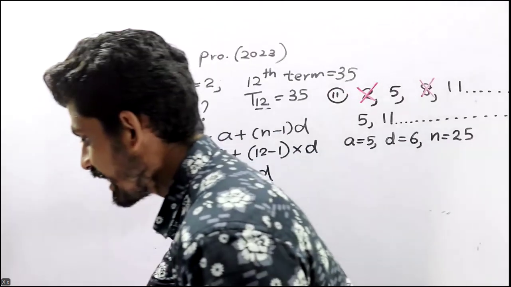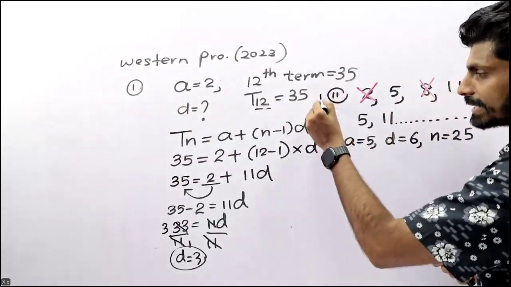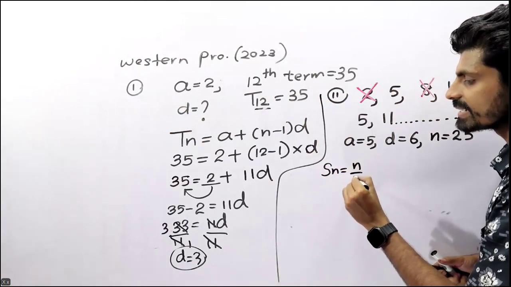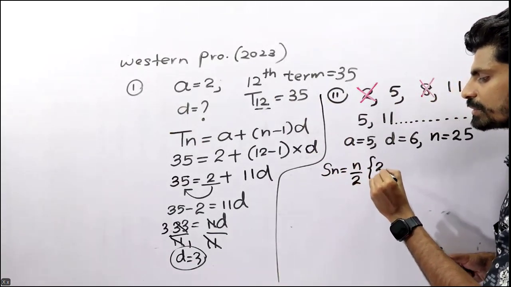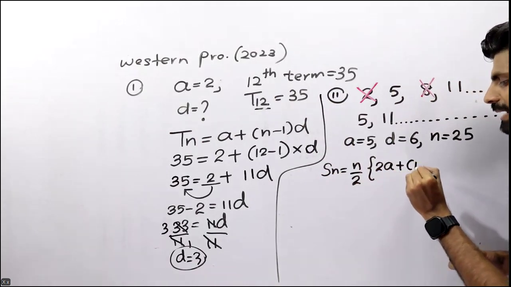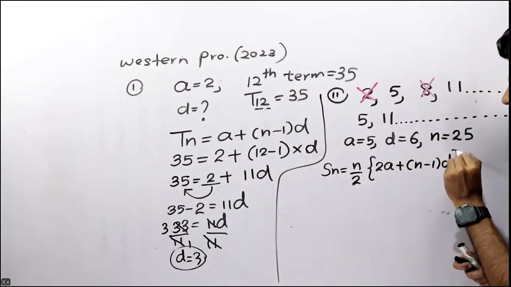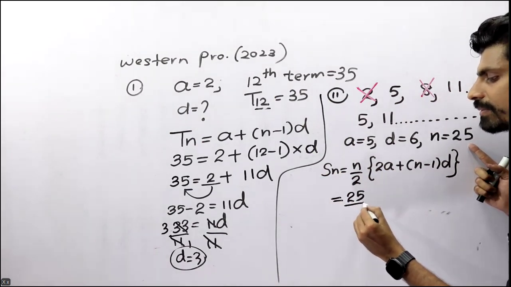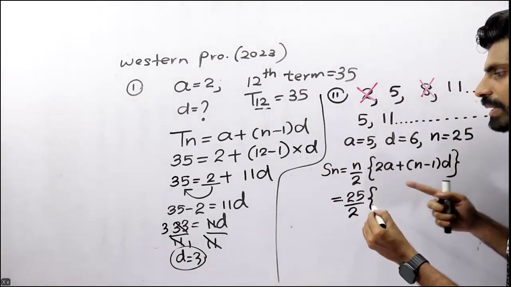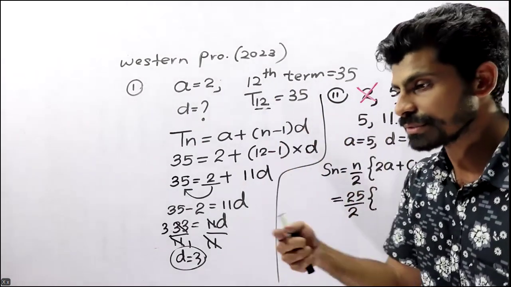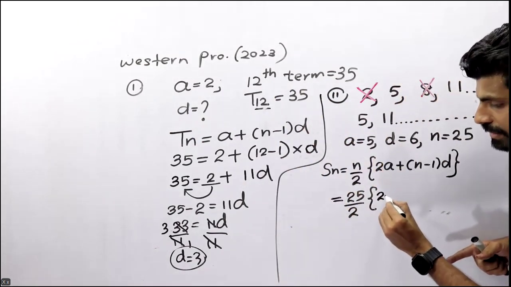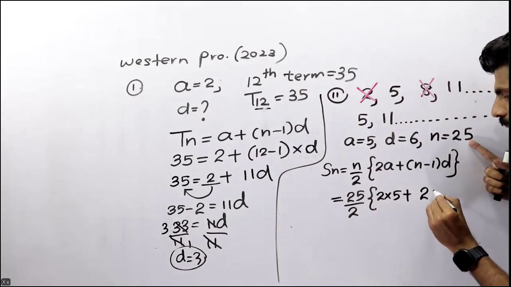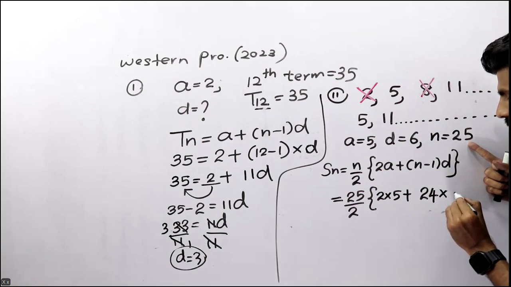So Sn equals n divided by 2, into 2a plus n minus 1 into D. N divided by 2 means 25 divided by 2, times 2 into a, which is 2 into 5, plus n minus 1, which is 24, into 6.